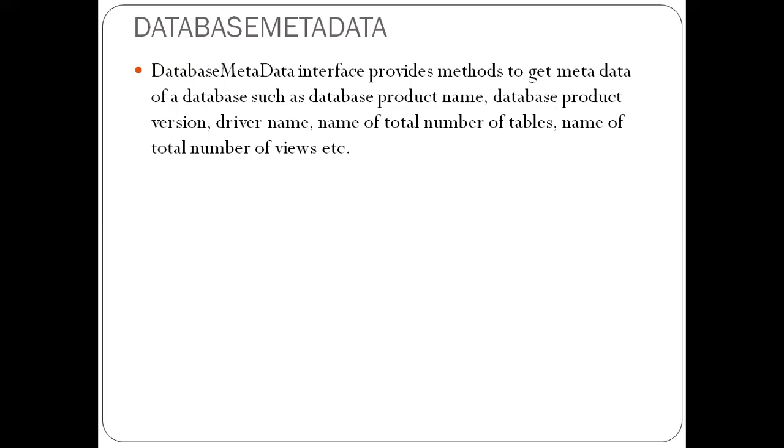If we want to find out the metadata related to the driver and database, then first the connection with the database must be opened. And in order to get the database metadata object, we need to call the getMetaData method given by the connection interface.